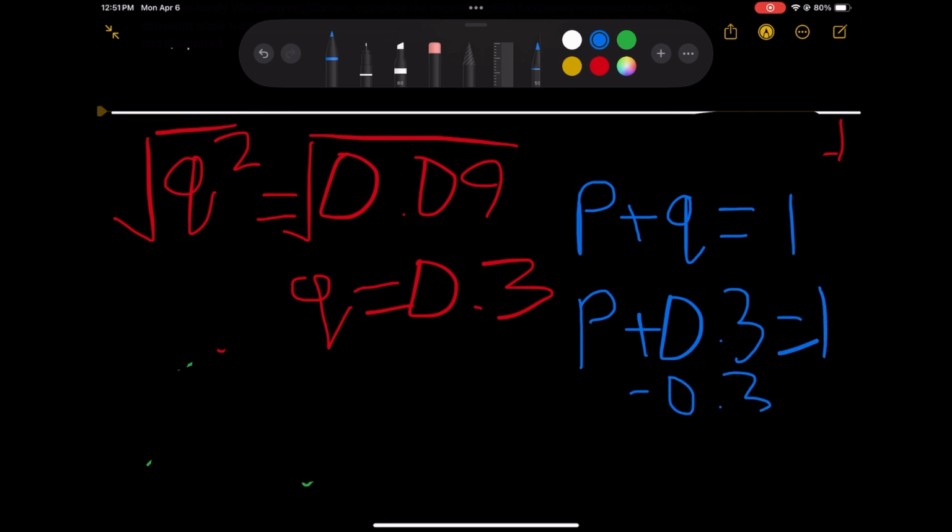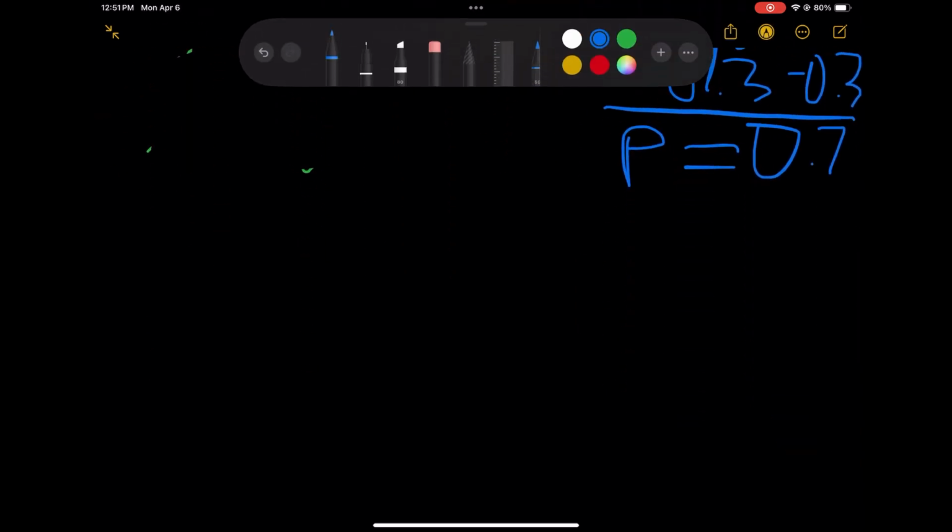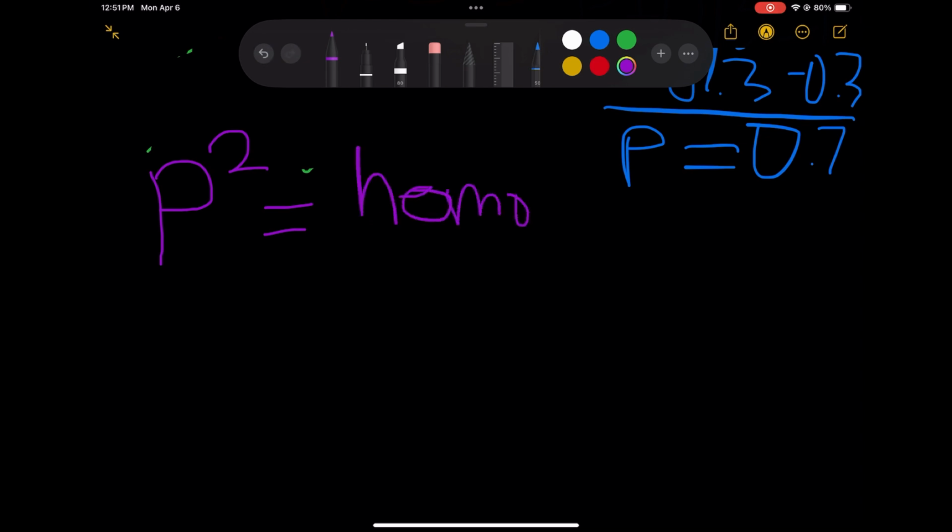After that, you may calculate the homozygous dominant frequency, which is represented by p squared, if you recall. So p squared is equal to the homozygous dominant frequency.